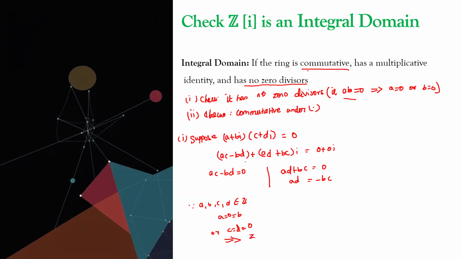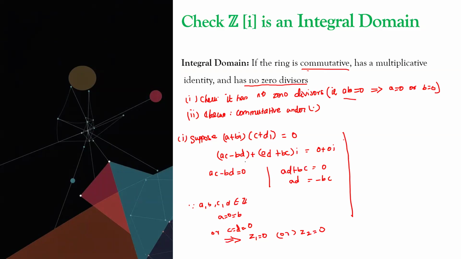This gives us Z1 is equal to 0 or Z2 equal to 0. Thus, Z of I has no zero divisor, meaning it is an integral domain. It remains to prove it is commutative under multiplication.